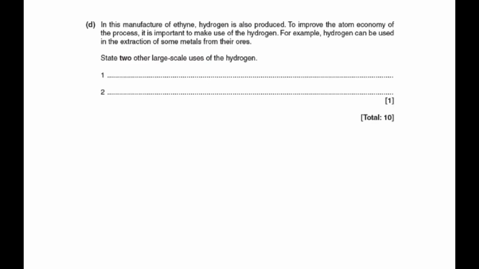Right, the last part of this question: in the manufacture of ethine, hydrogen is also produced. State 2 other large-scale uses of hydrogen. So you could have the manufacture of ammonia, the Haber process.